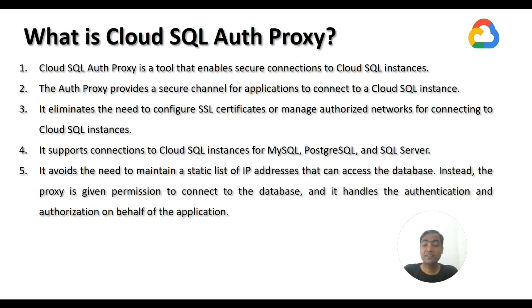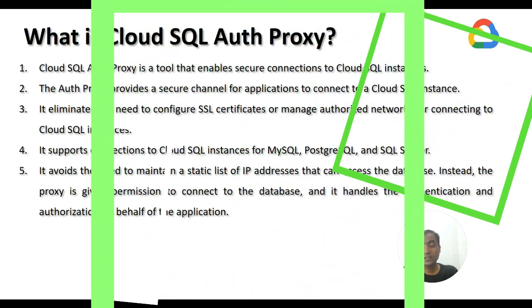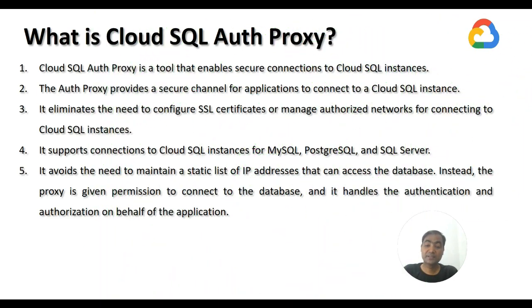Instead of managing a list of approved IP addresses, you can use the auth proxy to authenticate users and manage access to the databases. Developers can use the auth proxy to connect to a Cloud SQL instance from their local development environment, making it easier to build and test applications.